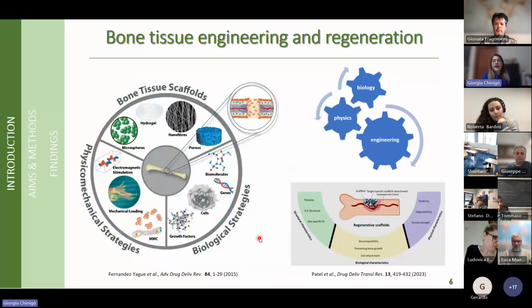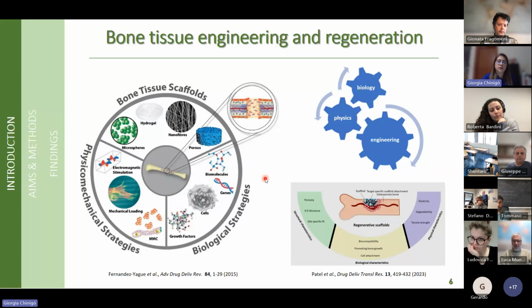So it is clear that to obtain high performance biomaterials for bone tissue engineering, a multidisciplinary approach is fundamental, because several aspects should be taken into account.